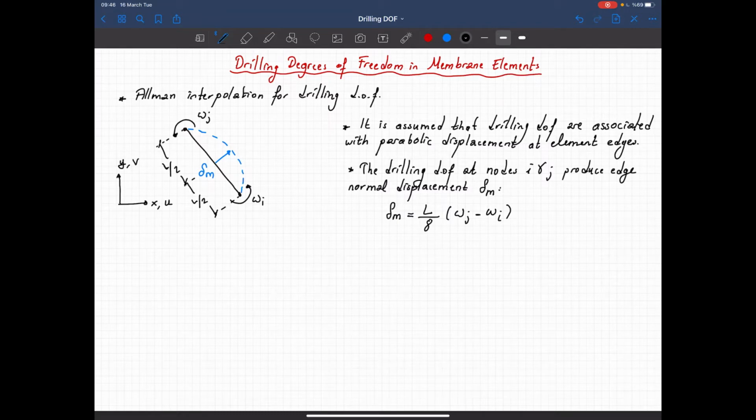Now if I want to write these displacements with respect to the coordinate axis that I defined, remember that's delta m, so we have an angle with the local x. Let's call this angle alpha. I'll just exaggerate and draw delta m here.